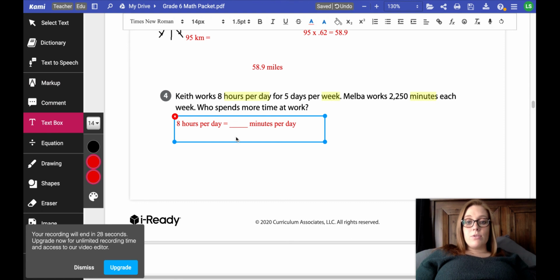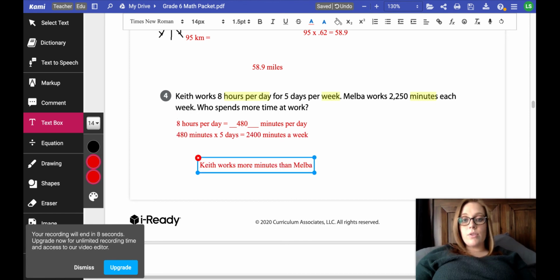And I'm going to do that by multiplying 8 hours times 60, which is 480 minutes per day. And then if I multiply 480 times 5, that will tell me how many minutes a week. So then when you find the 480 minutes in one day times 5 days, you get 2,400 minutes a week, which is more than Melba.